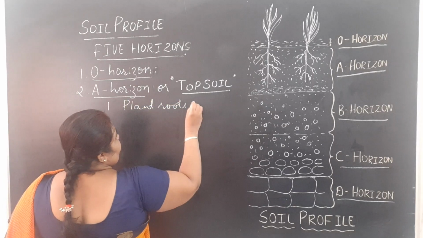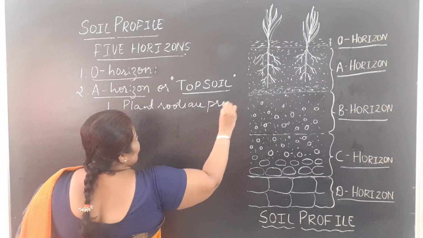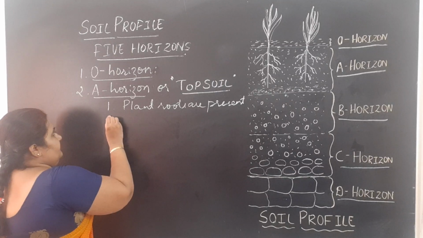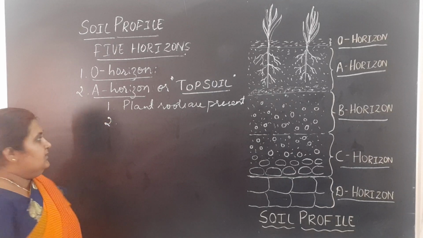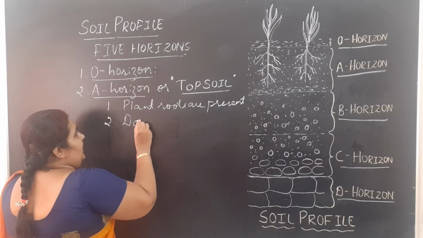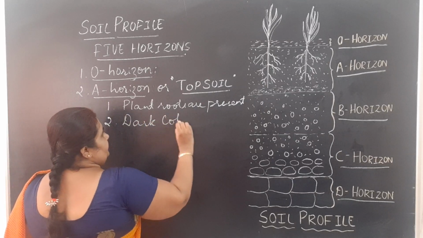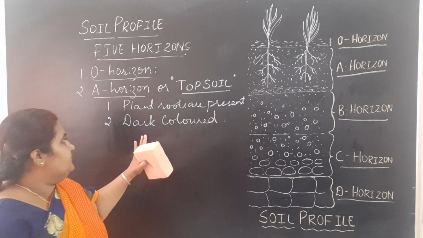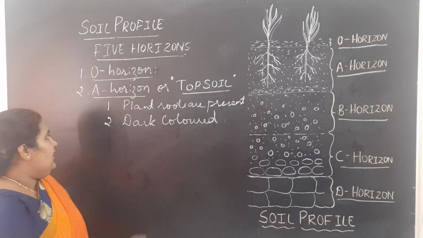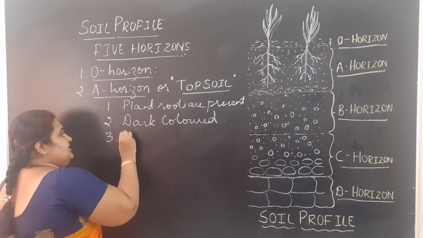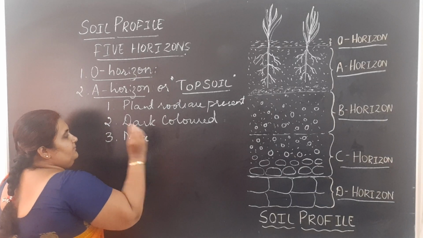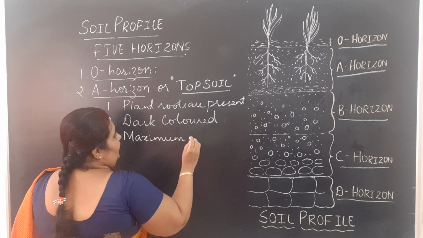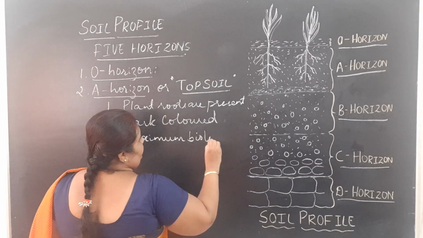Plant roots are present. A horizon is dark colored and shows maximum biological activity.